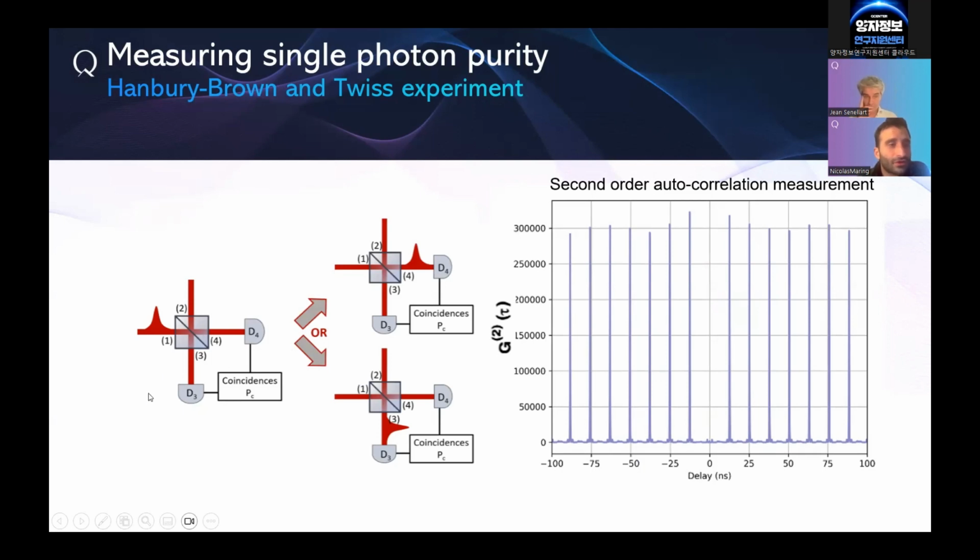If you have only one photon, these detectors, in principle, will never click at the same time. And this is what you see here: the measurement of the second order autocorrelation, where you see peaks because we excite the source every 12 nanoseconds. If you look at the number of coincidences at time 0, the time difference between the detectors, you will never see any counts, meaning we have a very pure single photon.